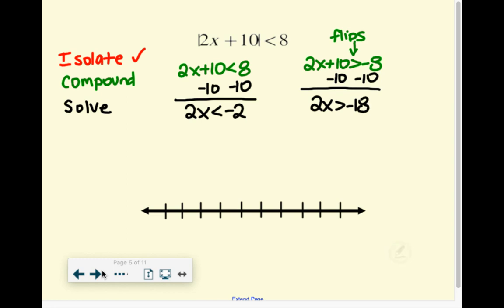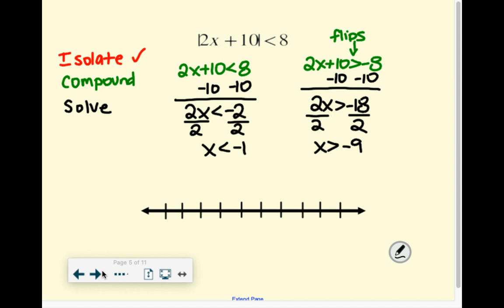So I just do it on both inequalities at the same time, and then I don't have to think through everything twice. Now I'm going to divide by 2. x is less than negative 1. x is greater than negative 9. So I don't have to flip those symbols at the very end because guess what? I'm dividing by 2, not negative 2.